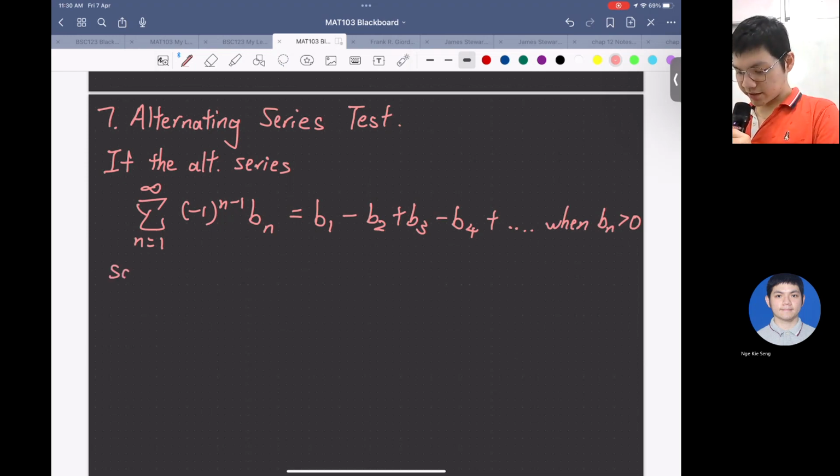So there are two conditions to check on bn. First of all, it is non-increasing. So we write down.